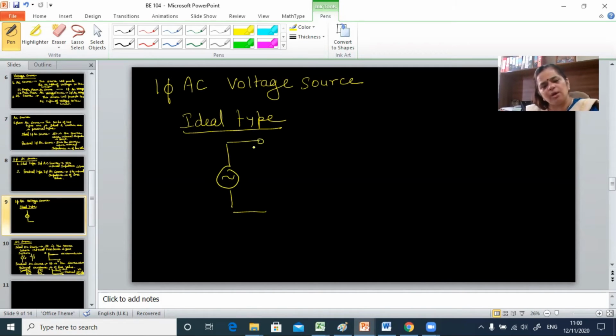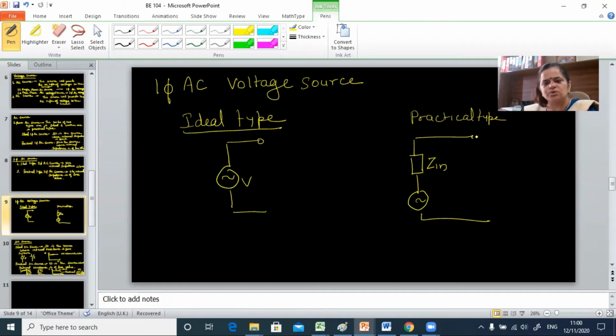So this is the symbol for the ideal type single phase AC source, and if I draw the symbol for the practical type, I have to connect one Zin in series with this AC voltage source. So this is the symbol for a practical type single phase AC voltage source. If I plot the characteristic of this, this is I.